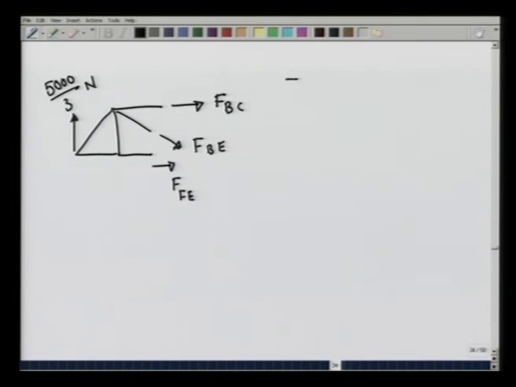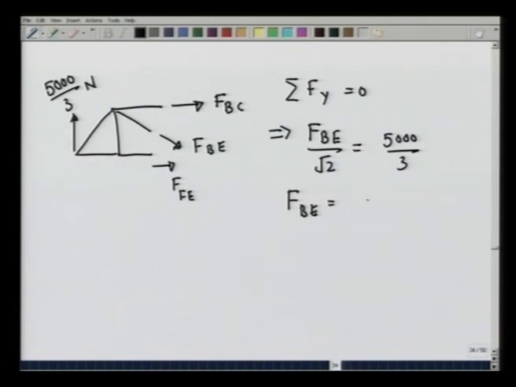Right away, summation Fy equal to 0 gives me that FBE over root 2 is equal to 5000 over 3, or FBE equals 5000 root 2 over 3 newtons. And you can see that this is actually pulling the rod, and therefore, this is going to be a tensile force.